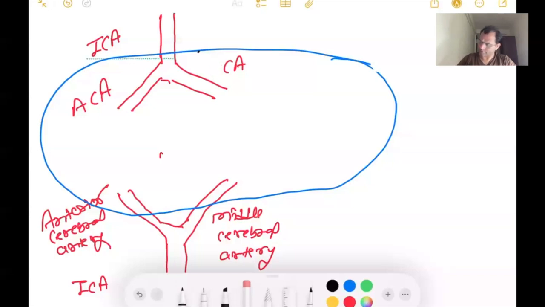This is the middle cerebral artery. So the anterior cerebral artery supplies the anterior part of the brain. So this is the anterior part.